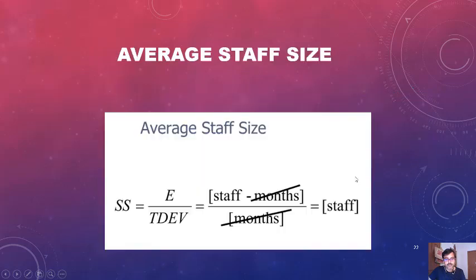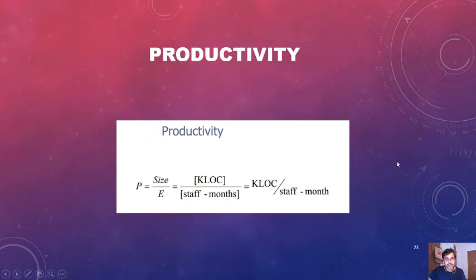The productivity P is equal to size divided by E. Size means KLOC and E means the effort in staff months, sometimes called person months or staff months. This does not mean staff minus months; it is actually staff month or person month, PM. So KLOC divided by PM, person month, is called the productivity of the software.